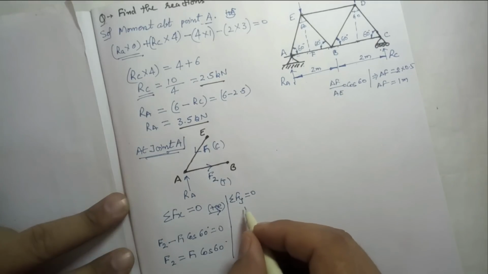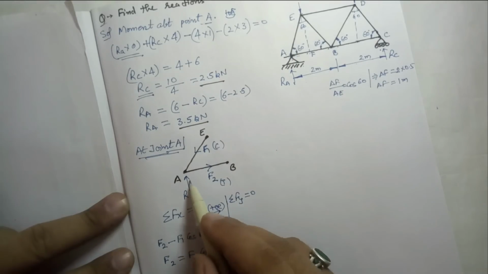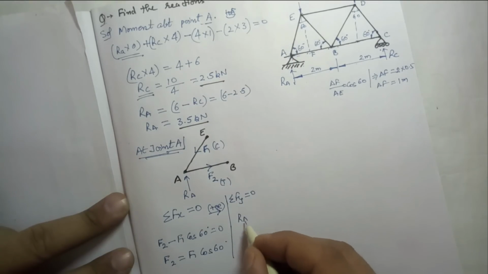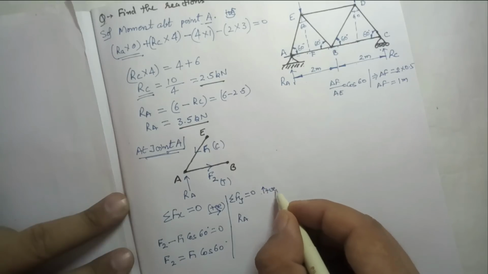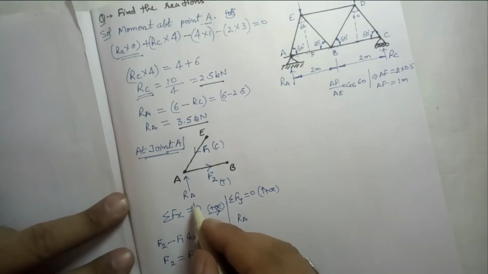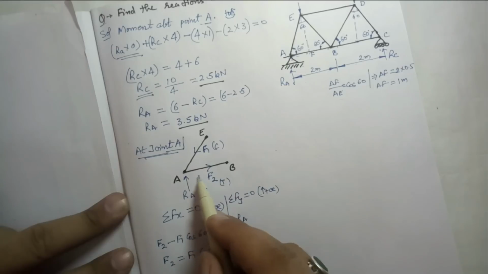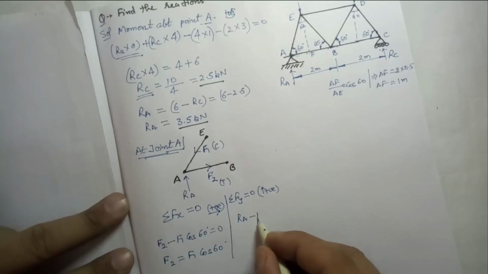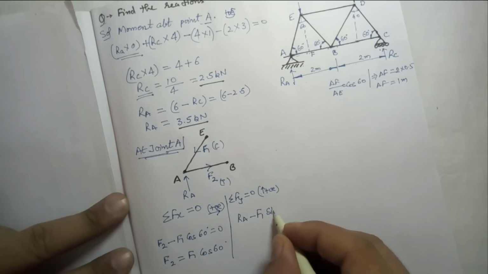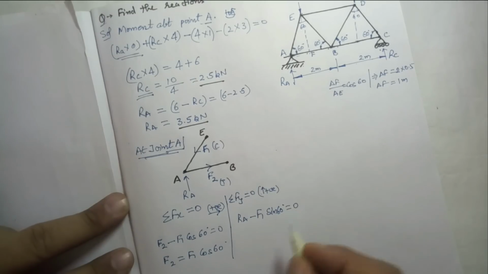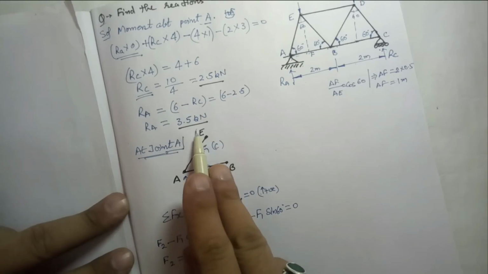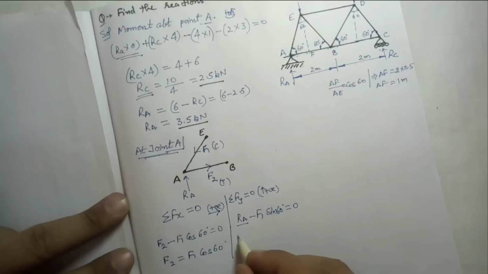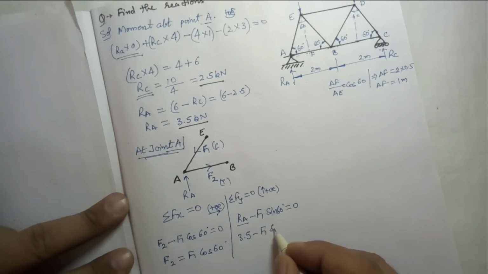Now we will go for the summation of Fy. So vertical forces: first is Ra, and here I am taking upward positive, so Ra positive. F2 is horizontal, so no need to take it, but F1's component will be downward, so minus F1 sin 60, equal to 0. We know the value of Ra, we have calculated 3.5, so 3.5 minus F1 into sin 60 is equal to 0.